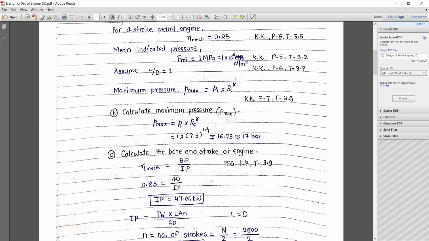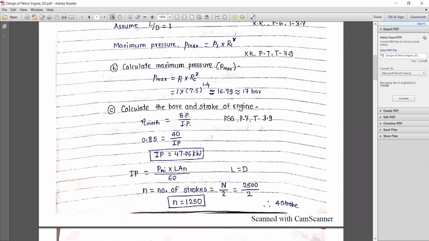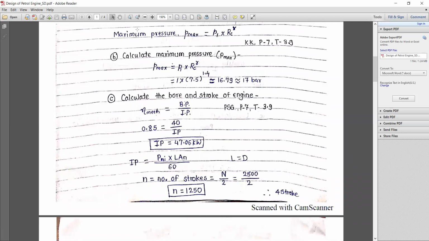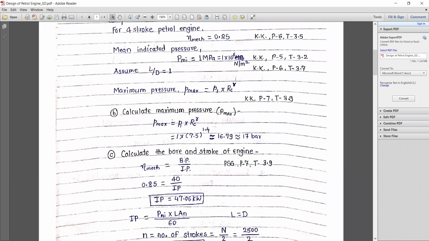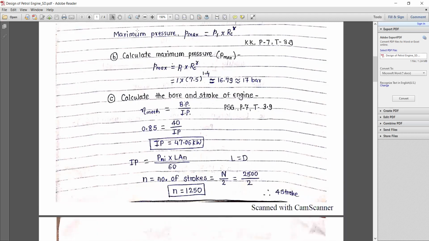Then the maximum pressure, from Kale Khandare page number 7, table number 3.9. P max is equal to P1 into Rc raised to gamma. Calculating, P max is equal to P1, the indicated pressure of 1 megapascal, multiplied by Rc raised to gamma. Gamma is 1.4 and Rc is 7.5, so it is 16.79, approximately 17 bar.